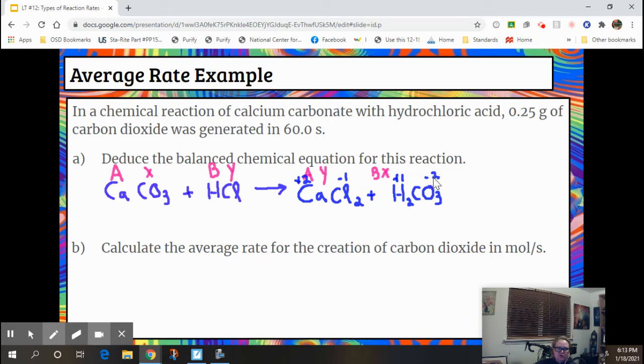Next thing I'm going to do, though, is I need to remember that carbonic acid is incredibly unstable and it will immediately decompose. And when I say immediately decompose, this is where we're going to get our carbon dioxide from. Carbonic acid is going to immediately make water and carbon dioxide.